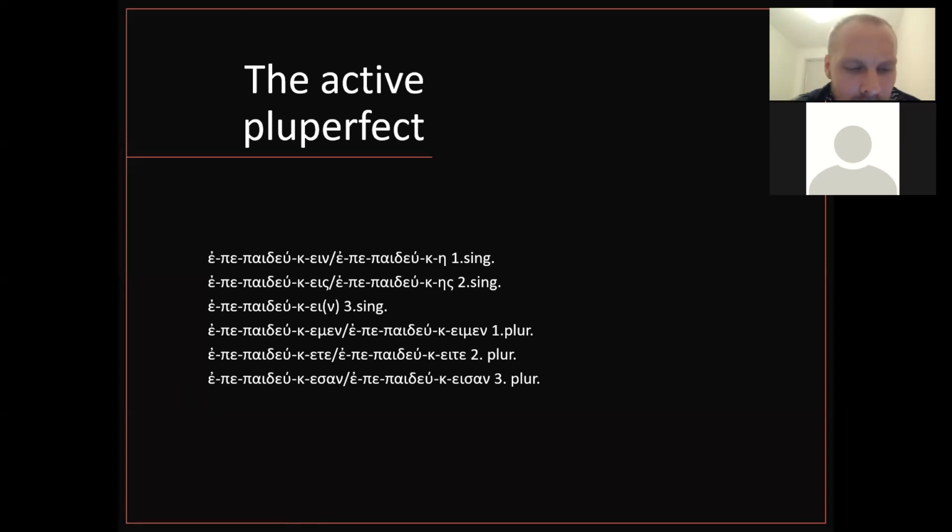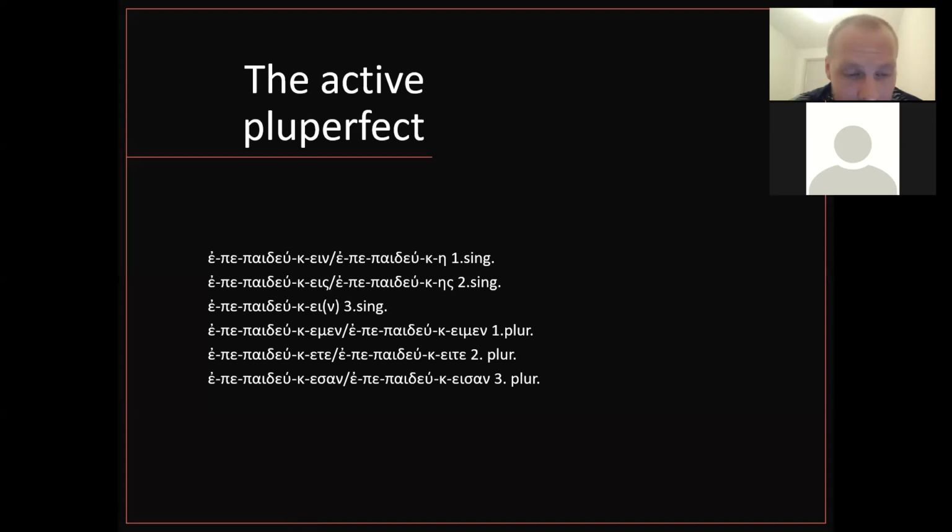However, if the perfect stem begins with a vowel and the augment consequently is lacking, you can still identify the pluperfect through the specific pluperfect endings. Of these endings, the alternative forms you see in the first and second person singular are the older variants.